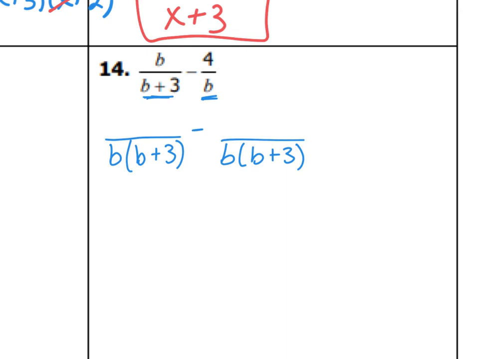If I look on my first one, it's missing just the b, so I just need to do b times b, which is b squared, okay? And then my second one, it's got b, but it's missing b plus 3, so I need to multiply that -4 times b plus 3, right?